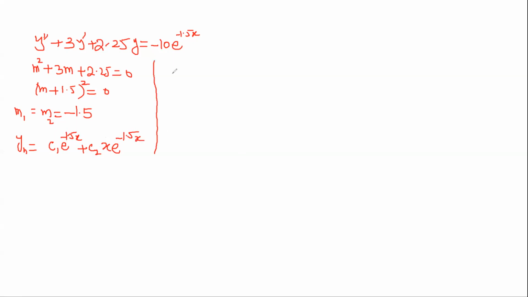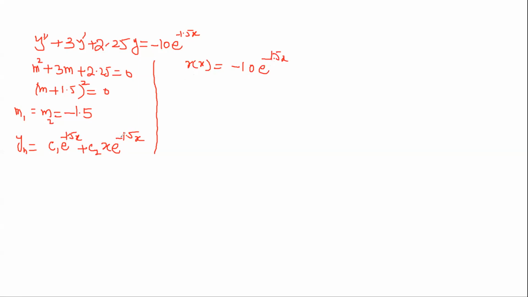But now we look at the particular solution. The right-hand side term, minus 10 e power minus 1.5x, has already included the term e power minus 1.5x, which is part of the solution of the homogeneous equation. So we simply cannot use this term as it is for the particular solution.